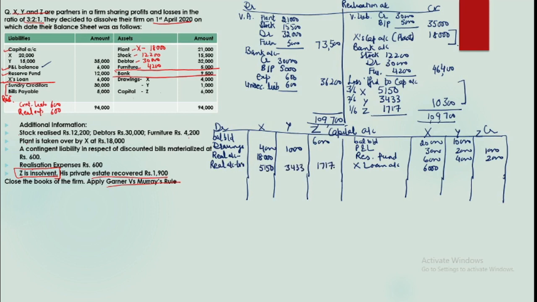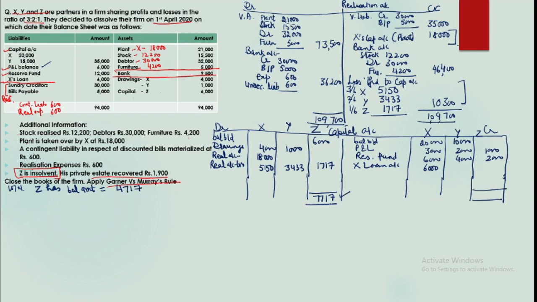Now we'll have to prepare a working note and establish the insolvency of Z. So in the working note, what we find is that Z has a balance of how much? You see, he is having 7,717 here, and on the credit side his total is 3,000. It means his balance is 4,717. I hope you get it.